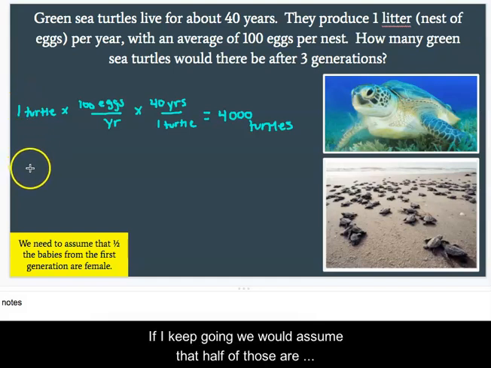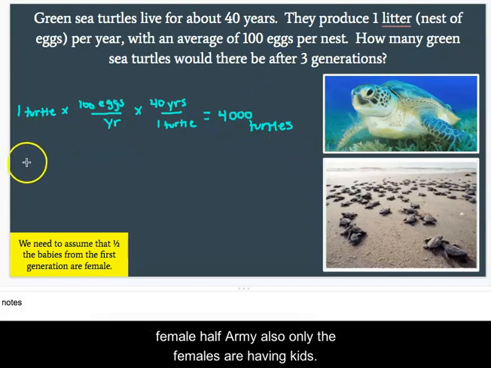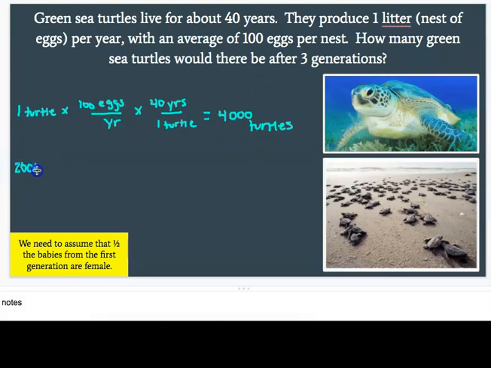That's a lot. If I keep going, we would assume that half of those are female, half are male, so only the females are having kids. So we have 2,000 turtles laying 100 eggs per year for 40 years.